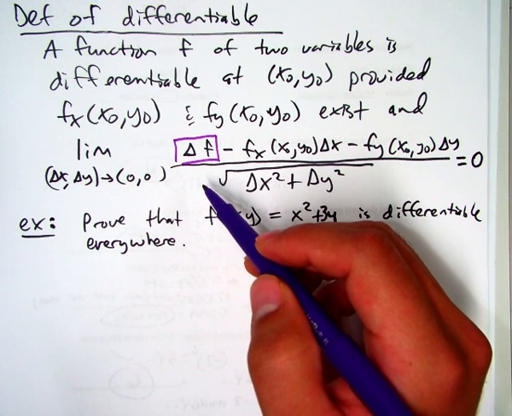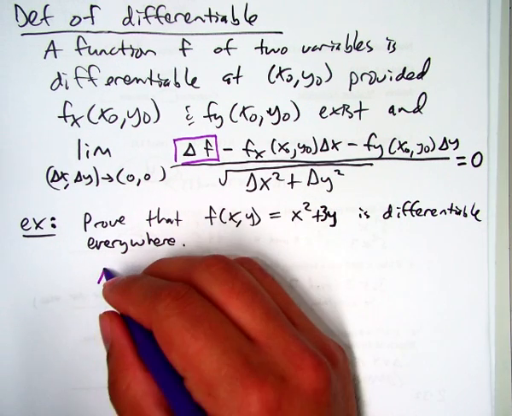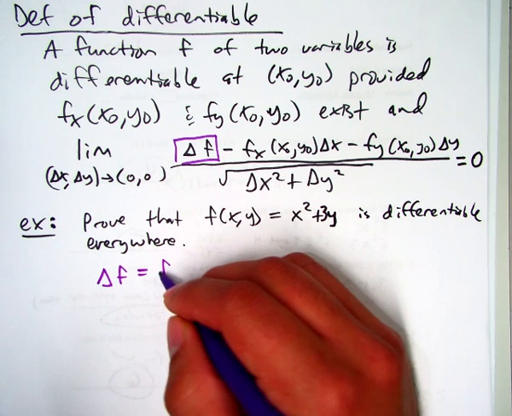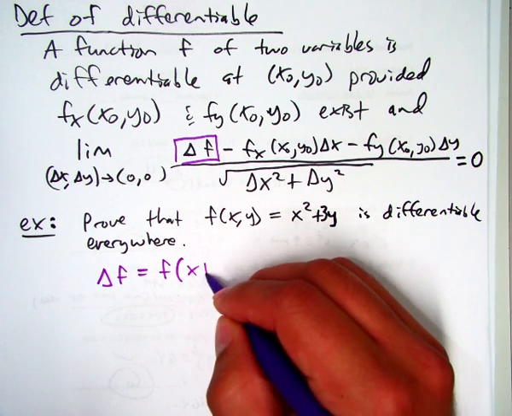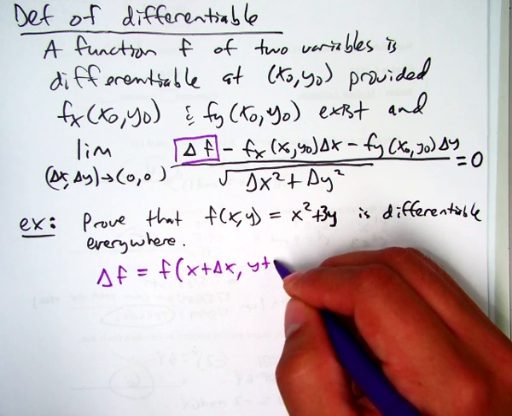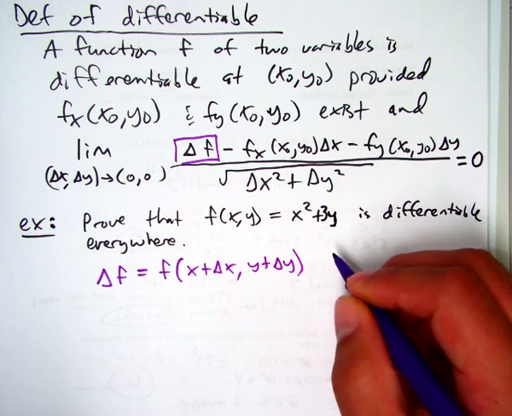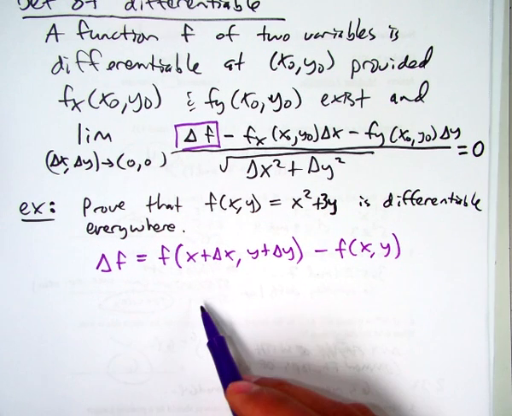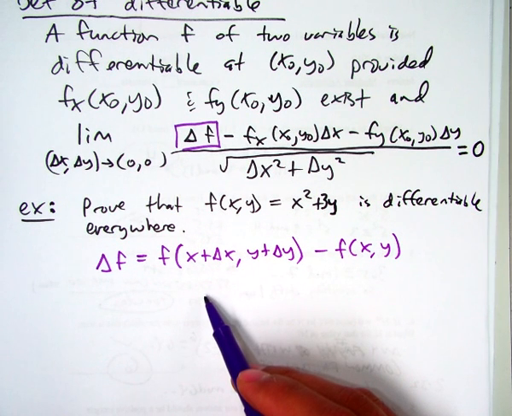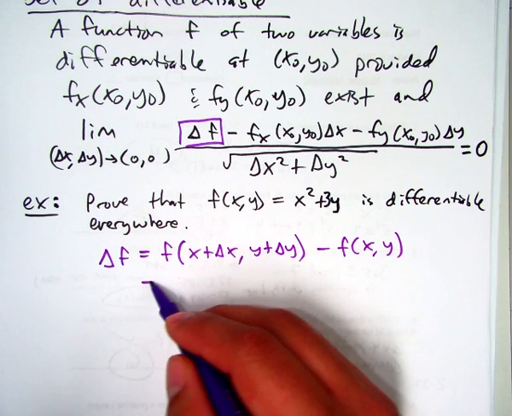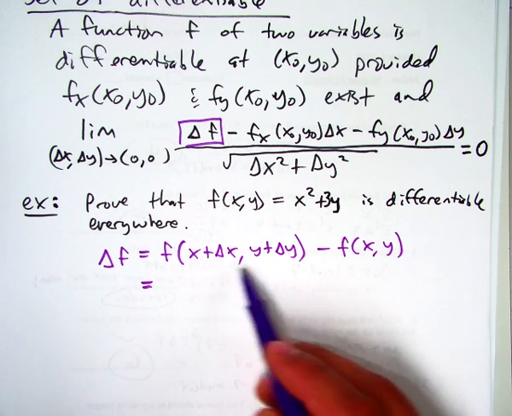Okay? So delta f is the same as f of x plus delta x, y plus delta y, minus f of x, y. So now we're actually going to plug this into the equation and see what happens.